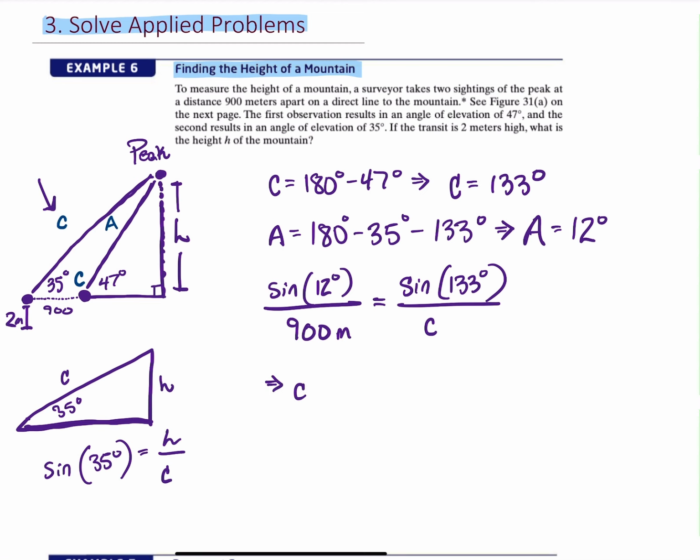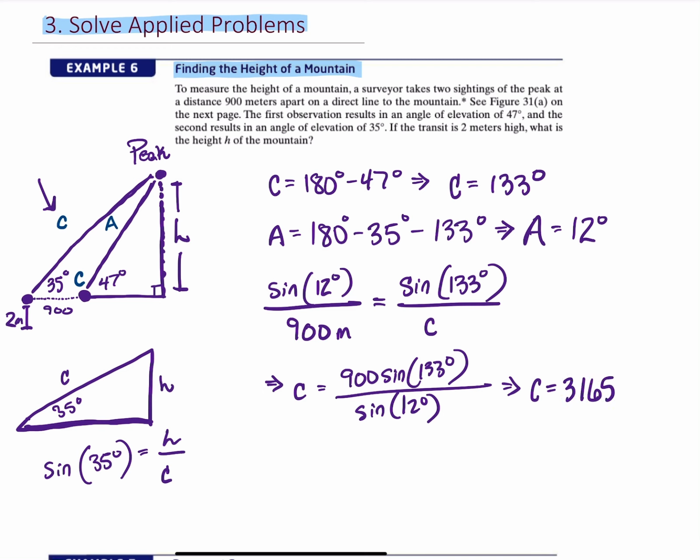We should get that C equals 900 meters times the sine of 133 degrees divided by the sine of 12 degrees. So plugging all of that in, you should get that C is equal to 3,165.86 meters.